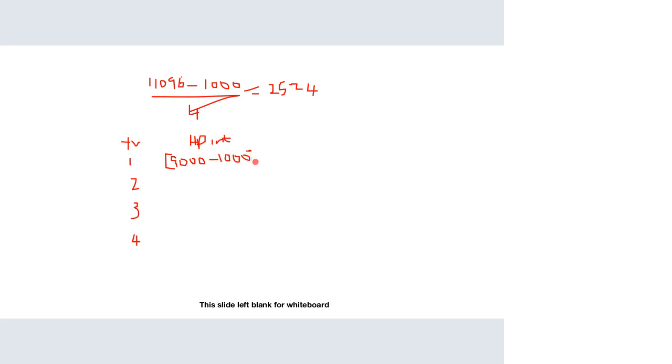Then we multiply that difference by the interest, which is 10%. So 10% is 10 over 100. If you multiply that, then the interest here for year 1 will be 800.